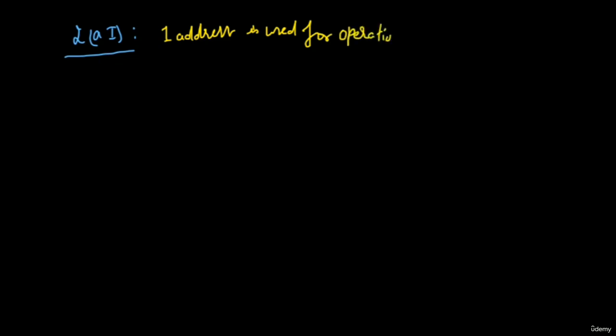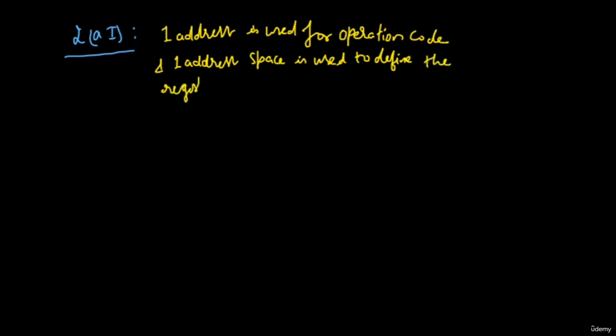So the two address instruction that we are studying right now is actually: one address of it is used for opcode or operation code, and one address space is used to define the register or operand directly.